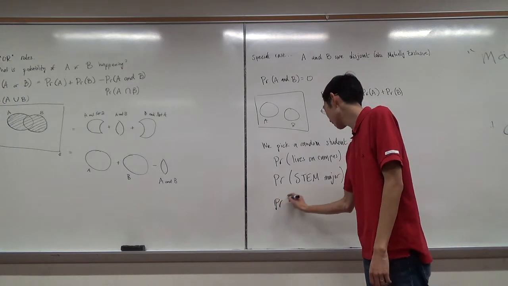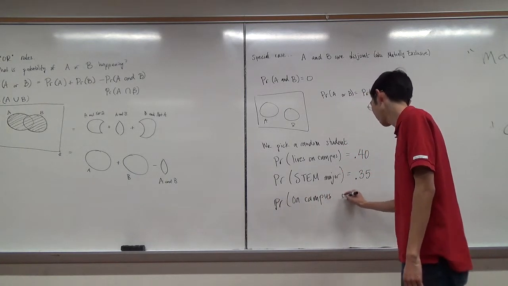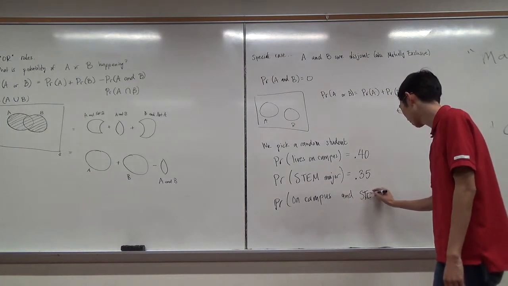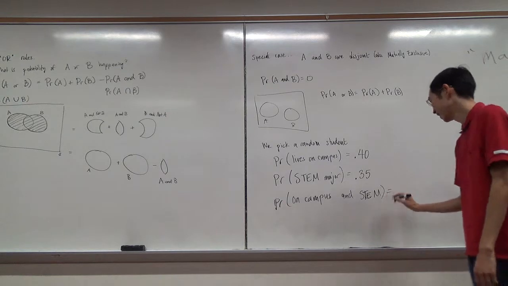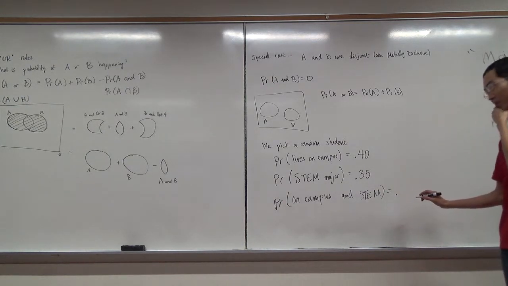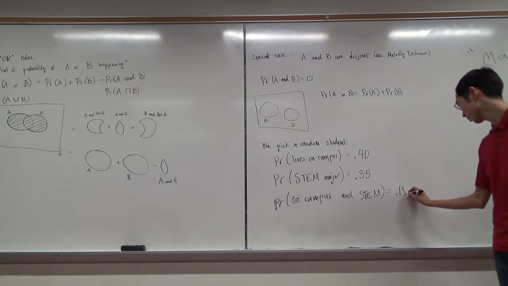And the probability of on-campus and STEM is, let's say, 18.